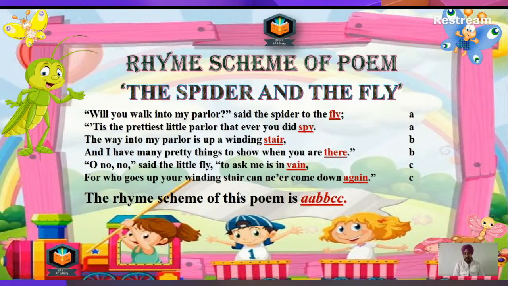In the sixth line, the last line, we have again. That is the rhyming word of vain. So here also we write the same letter as the fifth line, C. Then the rhyme scheme of this poem will be A, A, B, B, C, C. This poem is in the form of couplets, which means we have the rhyme scheme in two lines.